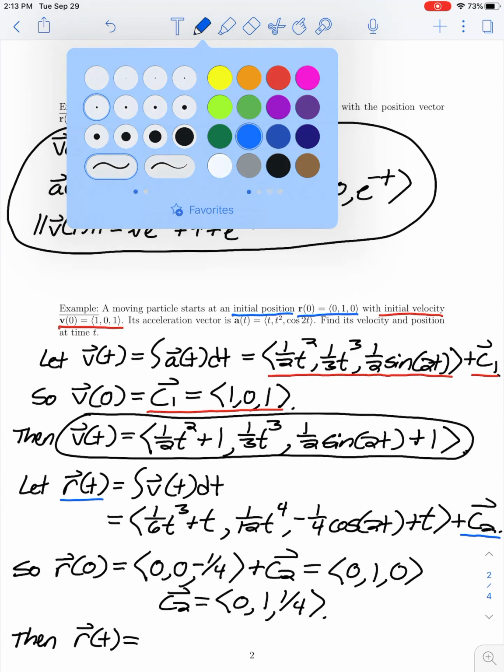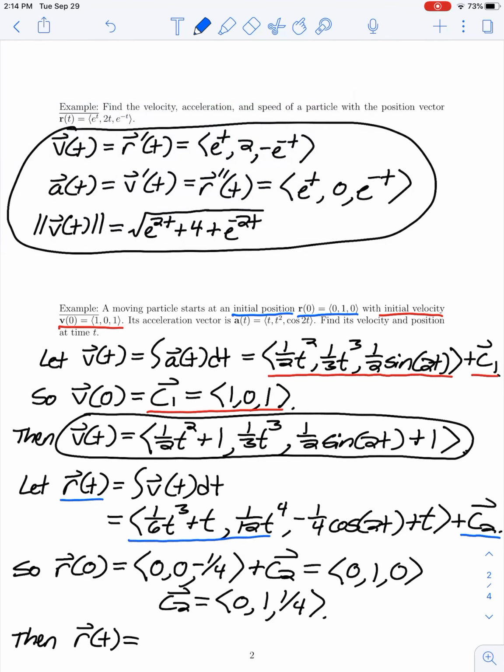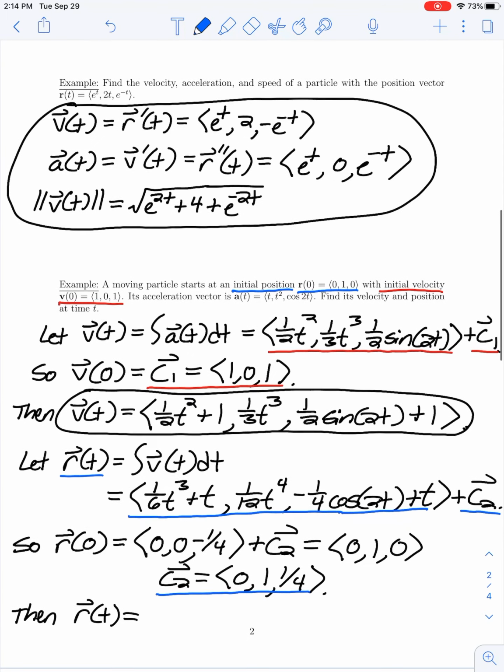It's defined as the sum of this vector function with c2, where c2 was this vector 0, 1, 1/4.